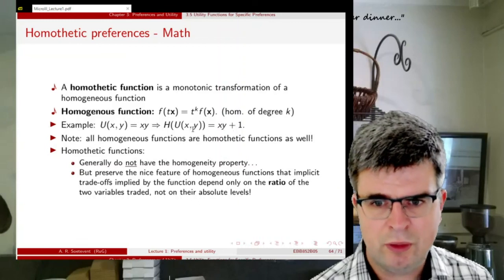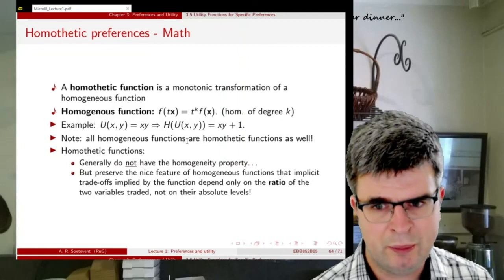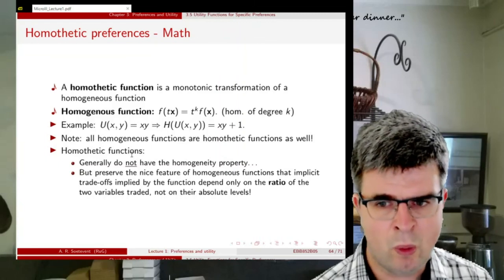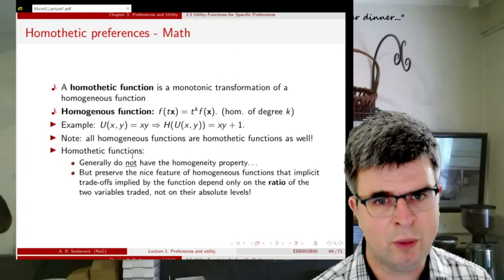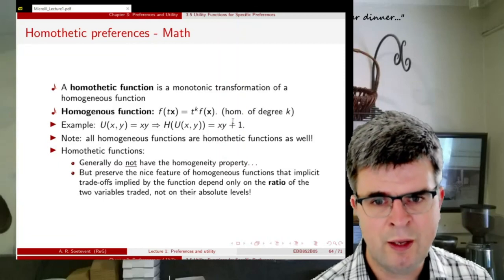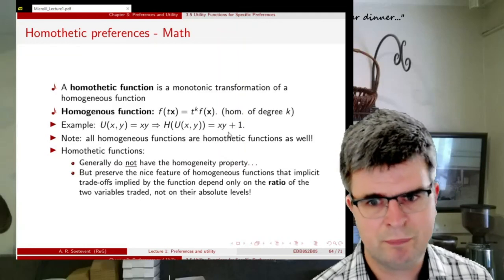Now, each homogeneous function is a homothetic function as well, but that doesn't hold vice versa. So not all homothetic functions have the homogeneity property. You can see it in this function. This function is a homothetic function, but it's not a homogeneous function.